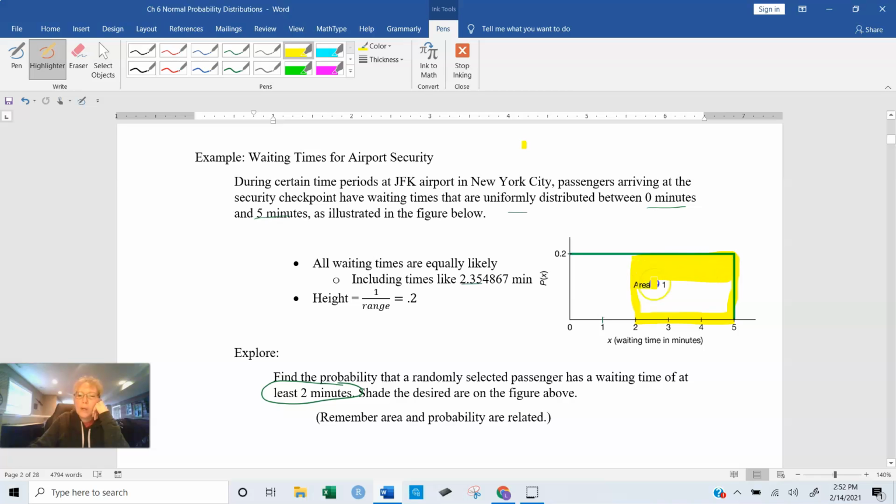We know that each one of these areas is 0.2 high, so it's 0.2 times 1. Like 2 to 3, this rectangle here has an area of 0.2. This rectangle here, my drawing is terrible, also has an area of 0.2, and so does this final rectangle. So what we do is we add all of those areas up. So we have 3 times 0.2, which tells us we have a 0.6 probability of having a wait time of 2 or more.